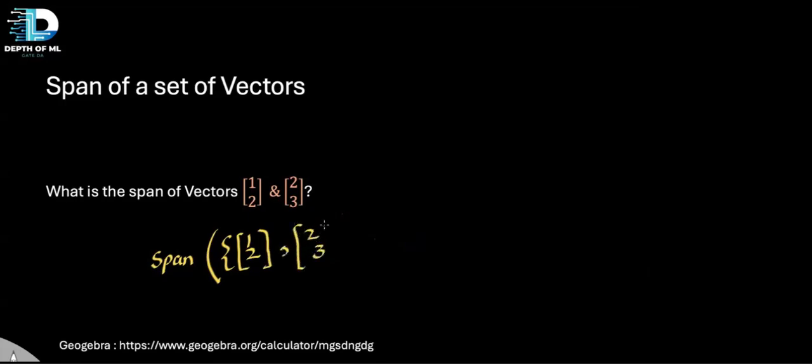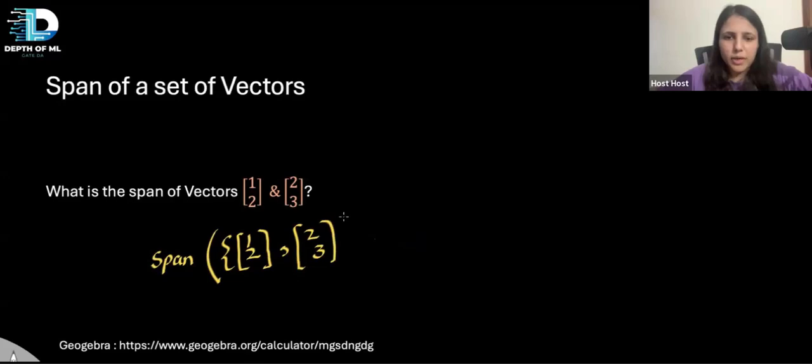R2, and R2 only, right? Because we were able to obtain the (1, 0) and (0, 1) vectors, the special vectors of R2, and from the linear combination of these two vectors we will be able to span the whole R2.